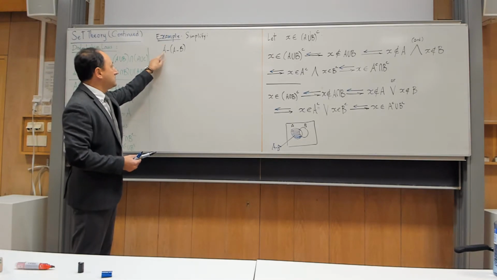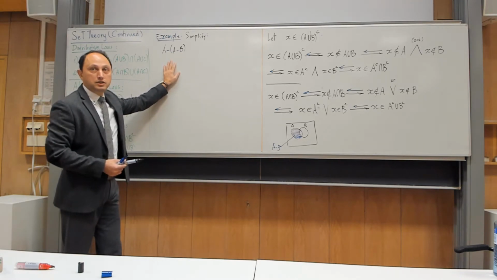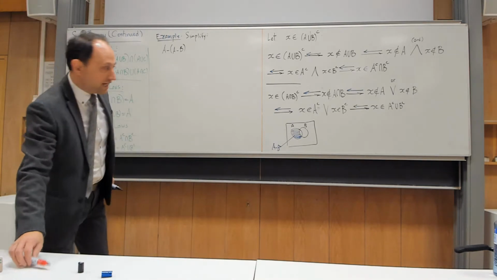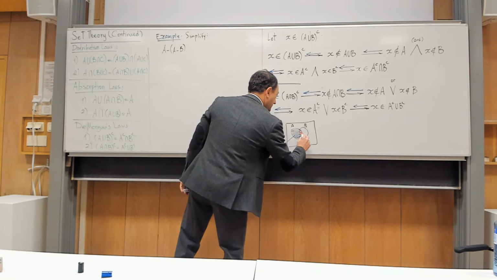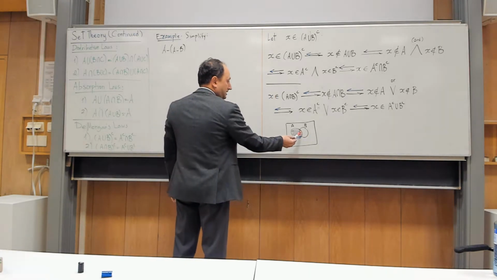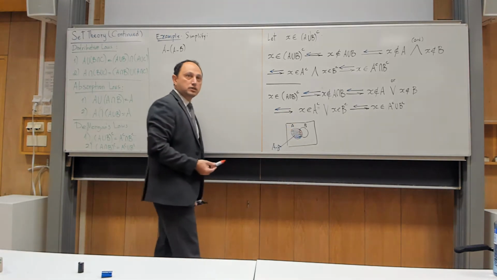So all the elements that are in A, but not in the colored region. So what is left for this? Yes? A intersection B. So this red color, if I ask you what is another name for this red color, you would say that all elements that are in A, but not in the blue region.